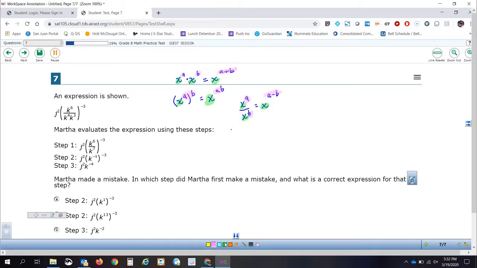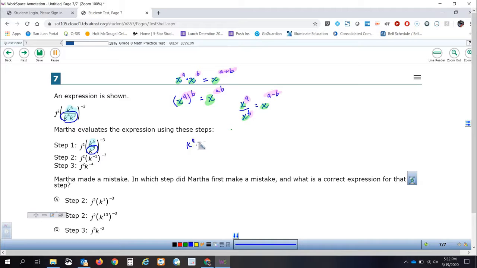So it looks like she started inside the parentheses here. On the top is k to the 6th, and on the bottom is k to the 7th. So what did she do? She took k to the 3rd times k to the 4th, and she made that k to the 7th.